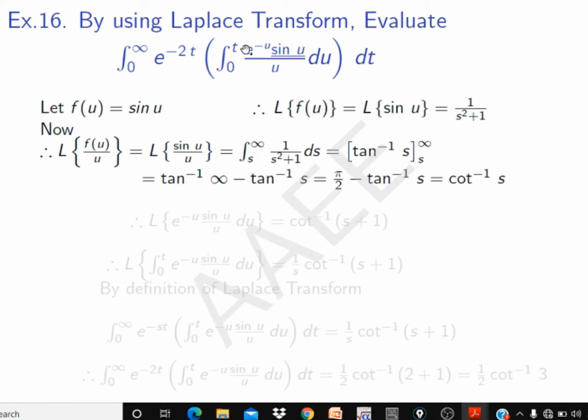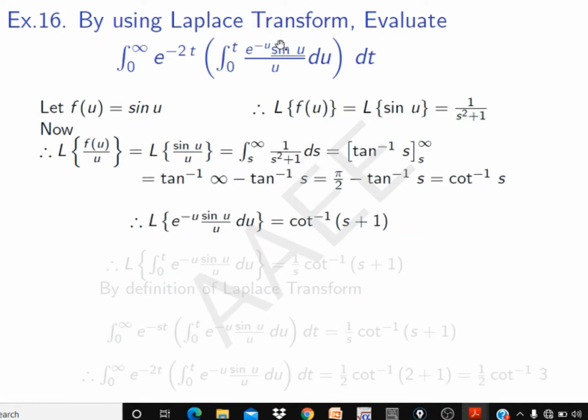Now the exponential function is there. Applying the shifting property, here a equals 1. Therefore the Laplace transform of e raised to minus u sine of u upon u, this entire part, will be cot inverse of s plus 1. Listen carefully.